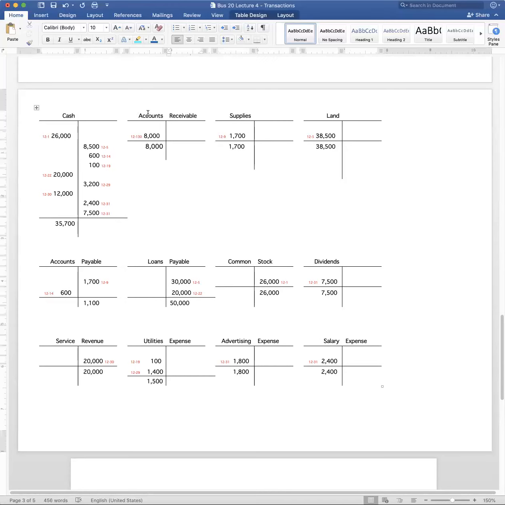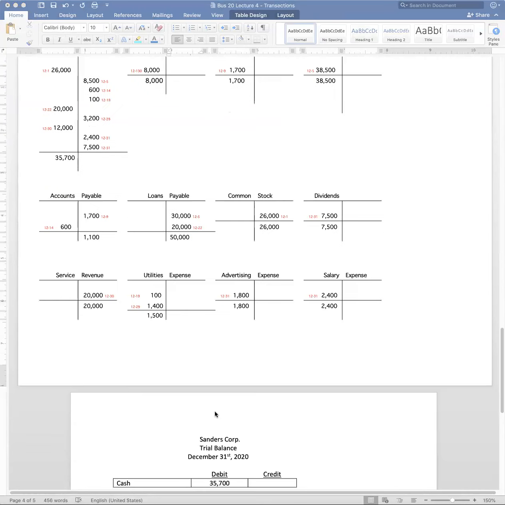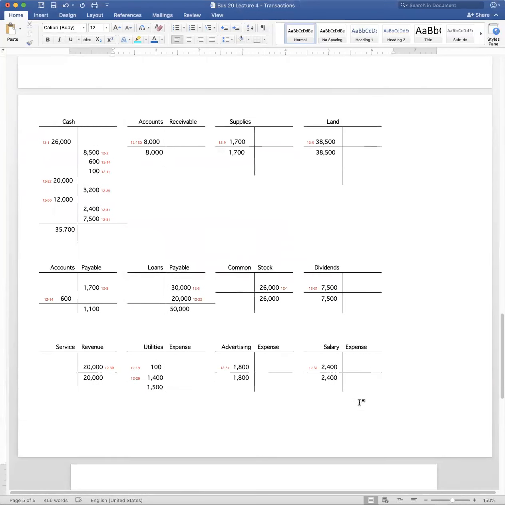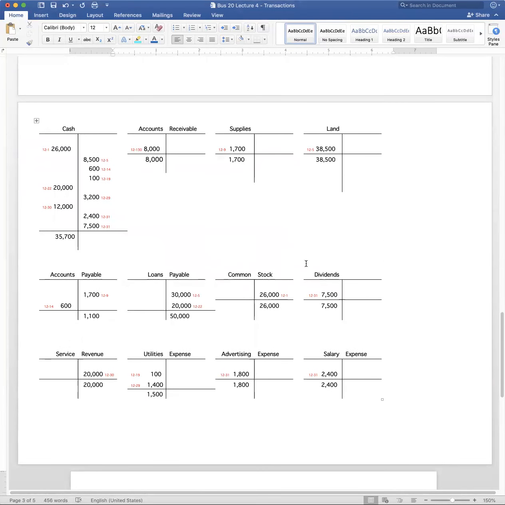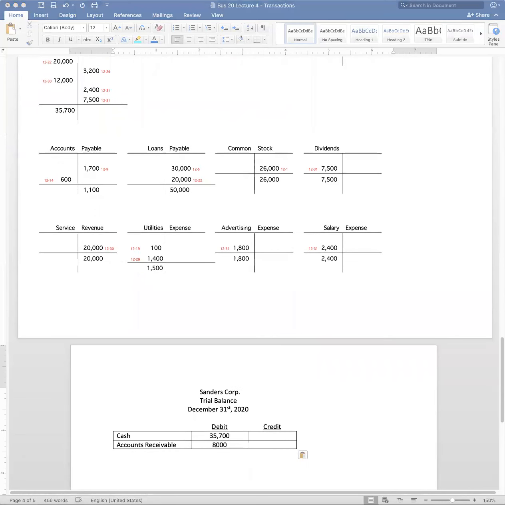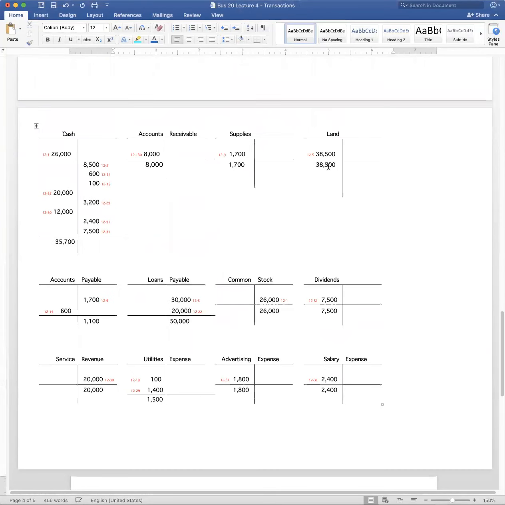Okay, so the next account we're going to look at is accounts receivable. That has a debit of $8,000. And next we have supplies with a debit of $1,700. And then we have land with a debit of $38,500.